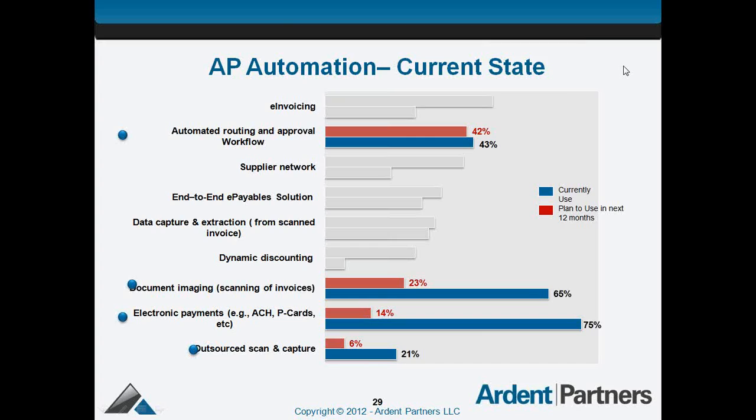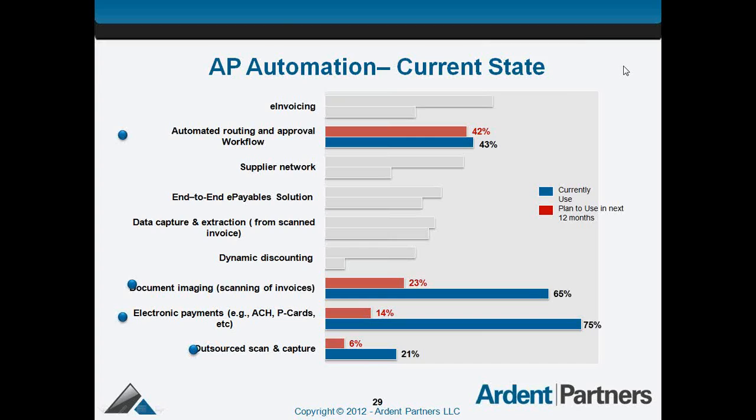Automated routing and approval is one of those capabilities that really make it easier for people to review, approve invoices, pass it along throughout their organization to the right people, and ensure that action is acted upon in an appropriate time frame.